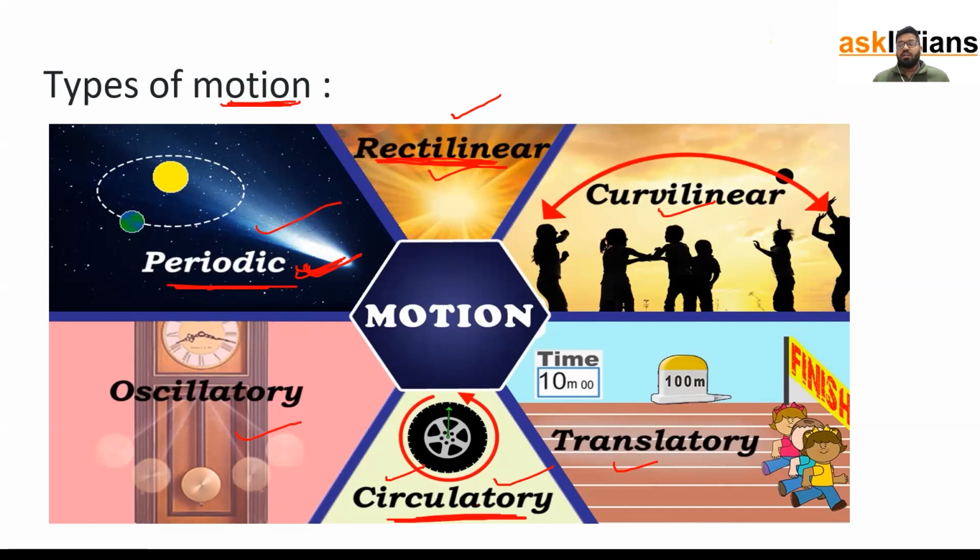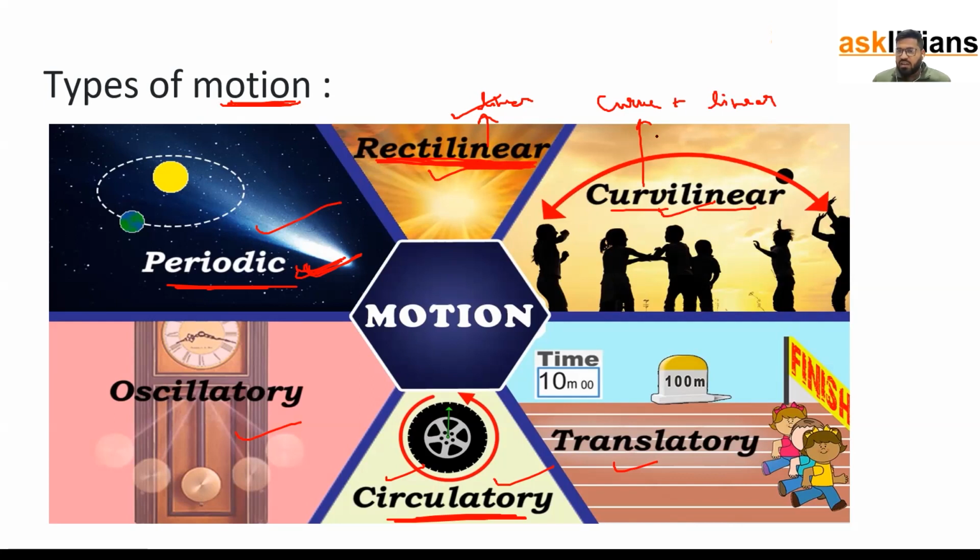Okay, now we'll see what properties are involved in different types of motion. Can you see this curvilinear motion also? Curvilinear is made up of two words: curve plus linear. And rectilinear is made from the word linear. So what do you mean by linear? Linear means in a straight line. So whenever motion is in a straight line, that is known as rectilinear motion.